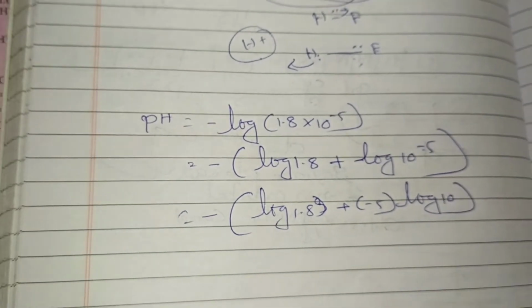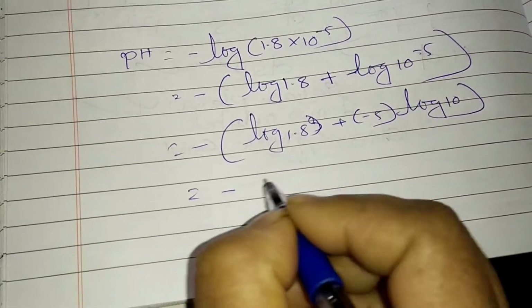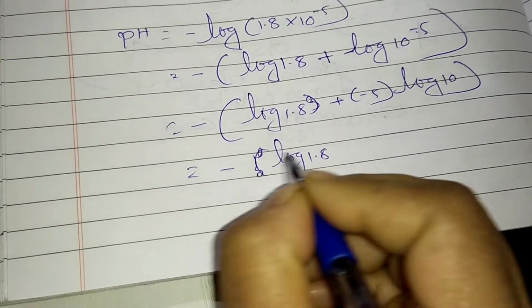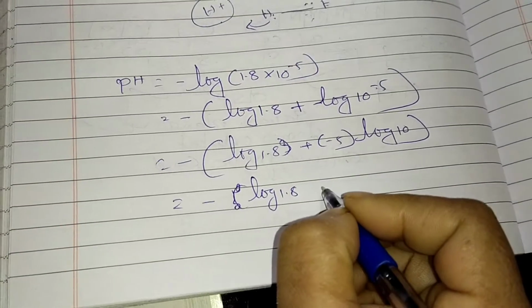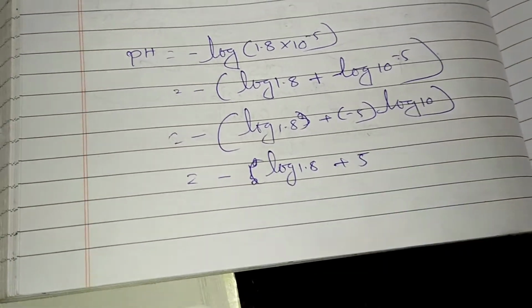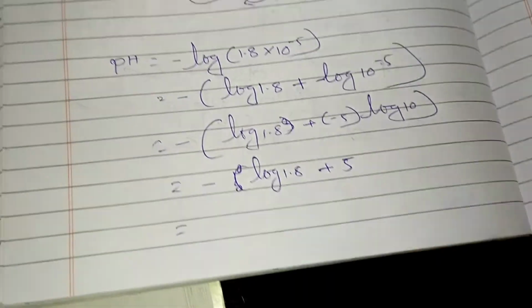Log 10 की value है 1, so now it is coming minus log 1.8. Now I am removing the minus here, so minus log 1.8 and plus, here it is coming minus, that is coming plus 5. Okay, so what is the value of log 1.8 here?